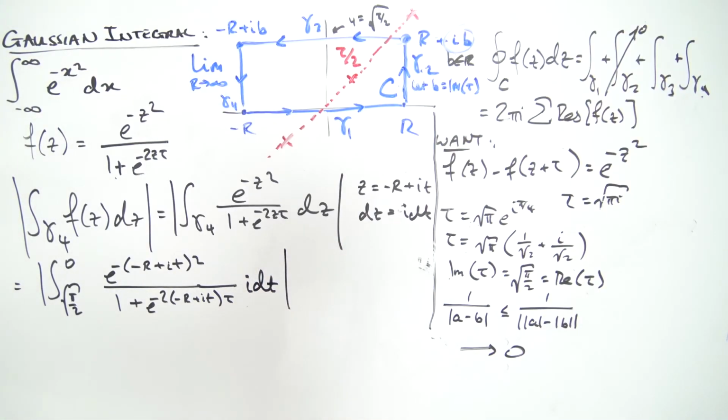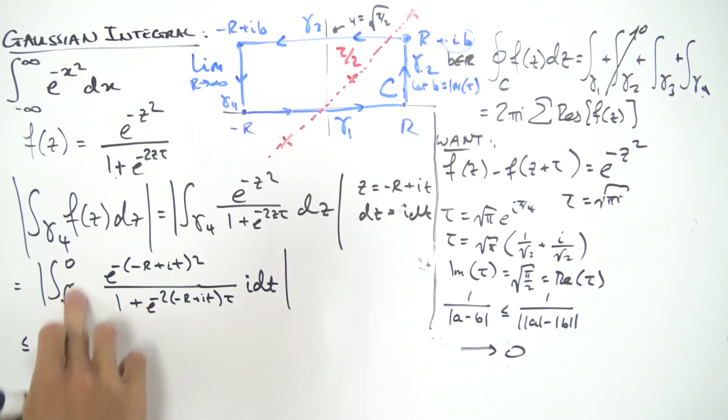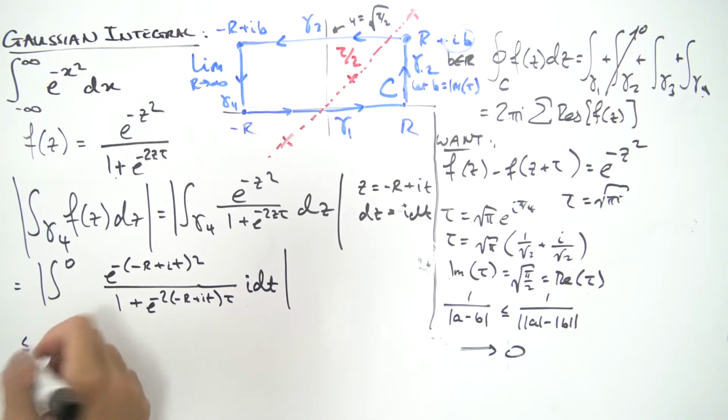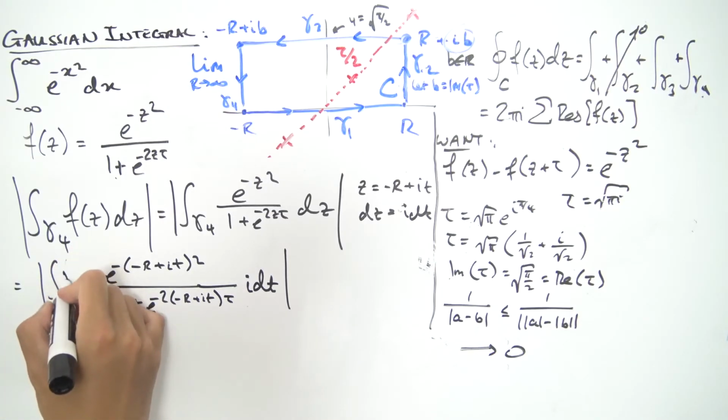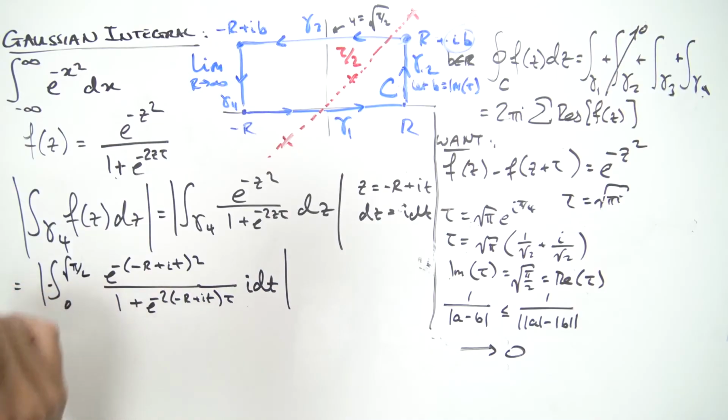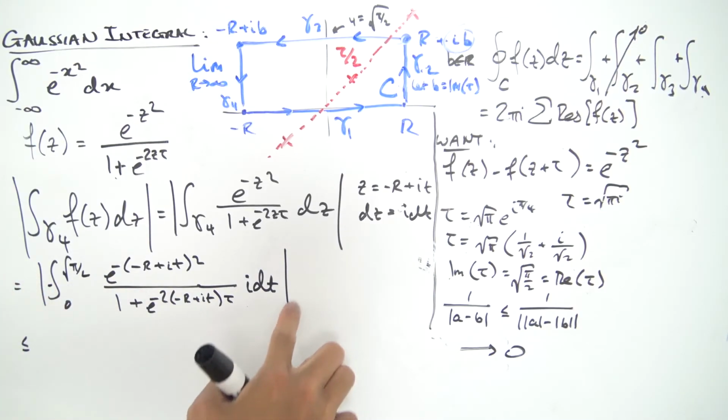And notice again, we have a real variable we're dealing with, so we can use the integral inequality. We can actually reorient this integral as well to go from 0 to the square root of pi over 2, introducing a negative there, but that negative will disappear in these absolute values anyway, so it doesn't really matter.